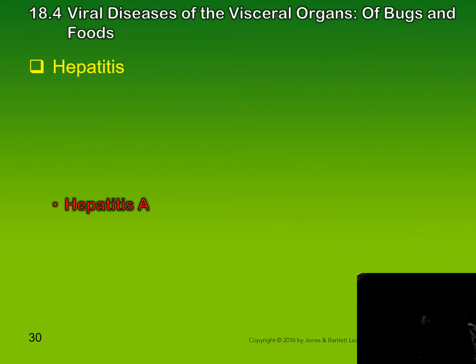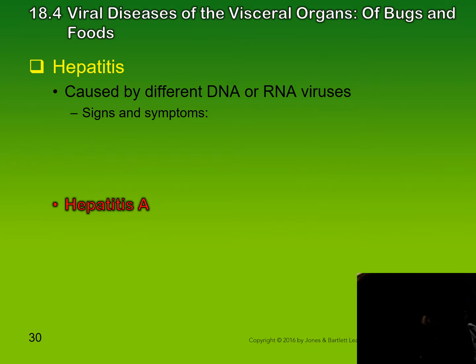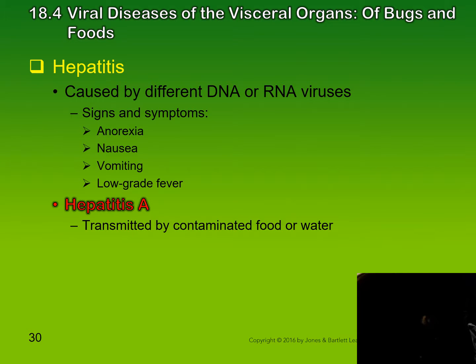Hepatitis is caused by different viruses, and they can either be DNA or RNA viruses. Signs and symptoms: anorexia, nausea, vomiting, low-grade fever. Hepatitis A is transmitted by food and water.